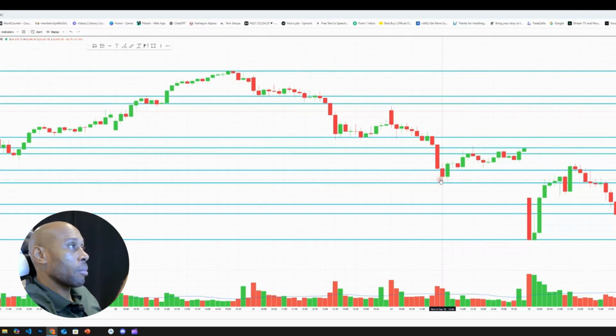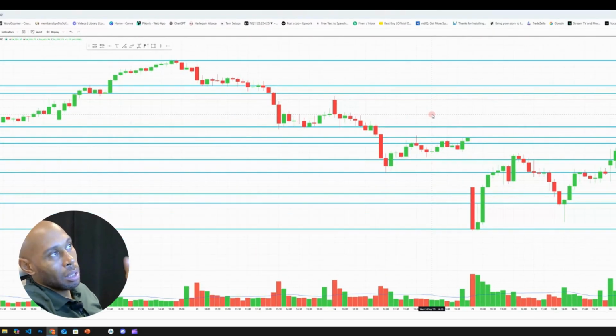This line here, price also reached this line, and this line became support. If you look to the right, price stalled at the same particular line and then dropped. So that's just another quick way for beginners to learn how to draw your support and resistance lines.